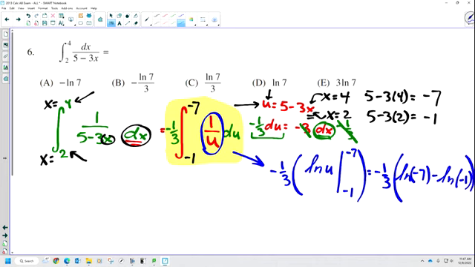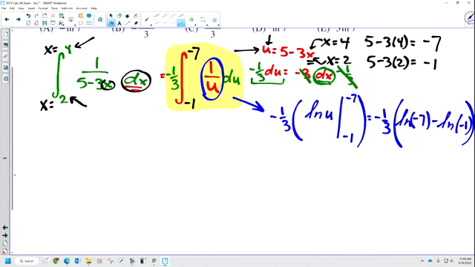Okay, here's where you cannot forget your rules for having 2 logs and combining them to 1, or having 1 log and expanding them to 2. Whenever I have 2 logs or natural logs, I still have my negative 1/3 on the outside. I can combine these 2 into 1 natural log, and it becomes subtraction comes division.